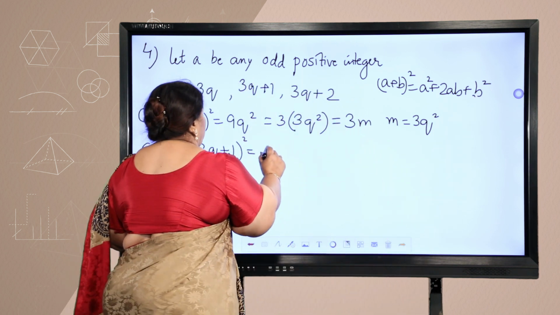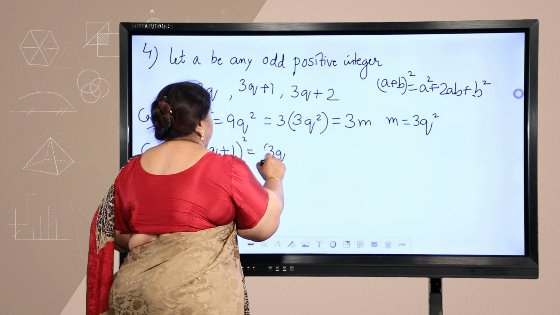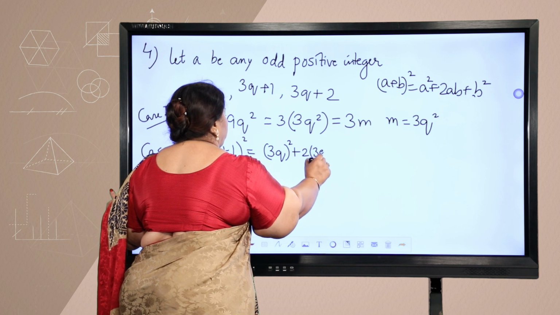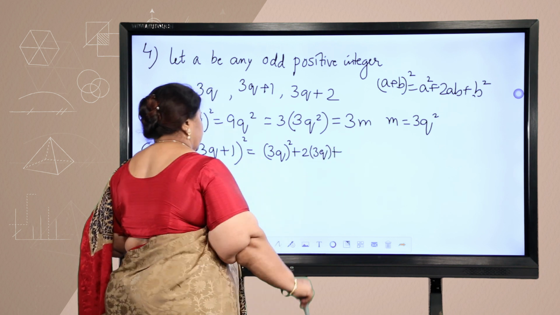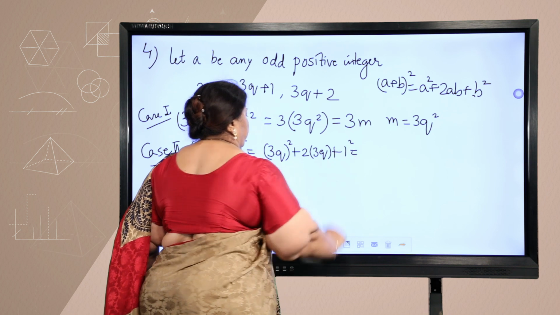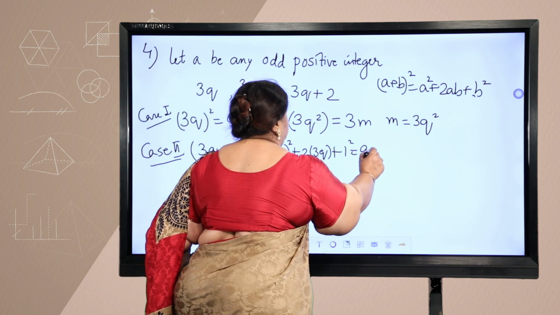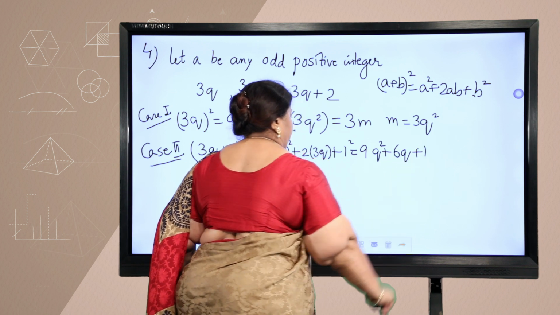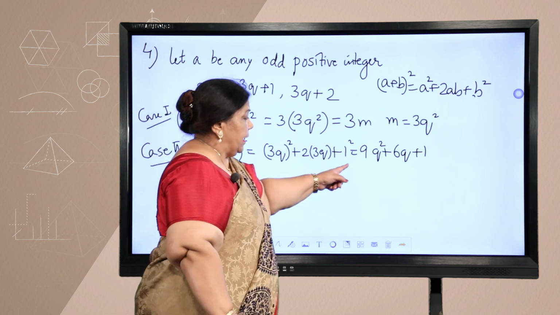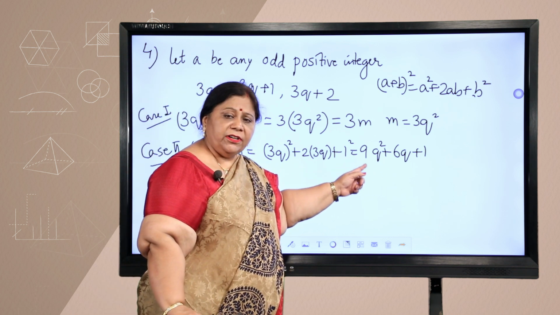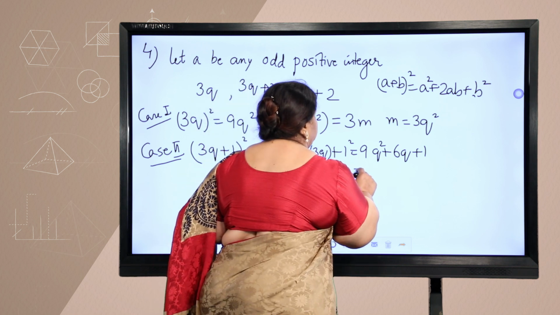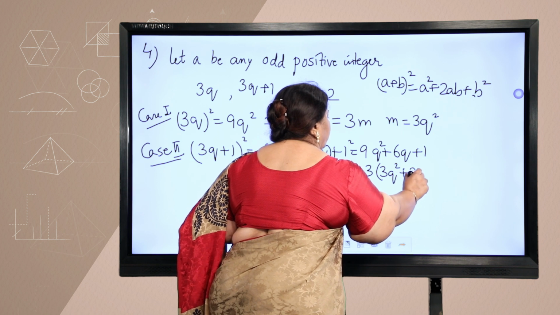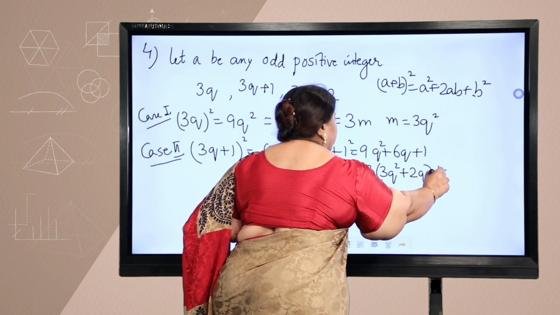So, it is 3q square plus 2 into 3q into 1 plus 1 square, which can be written as 9q square plus 6q plus 1. Here I can see that I can take 3 as common in the first two terms and I can write it as 3 into 3q square plus 2q, plus 1.